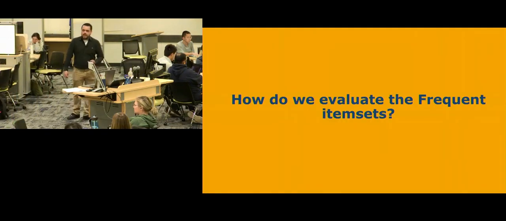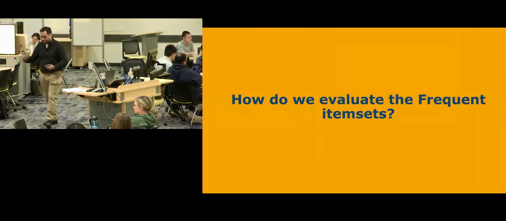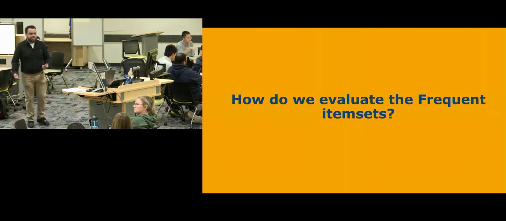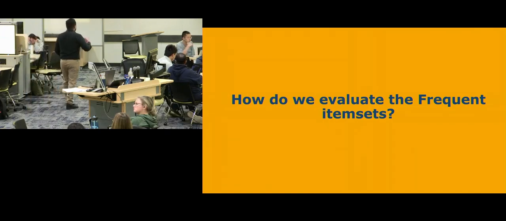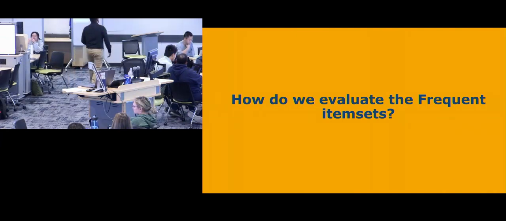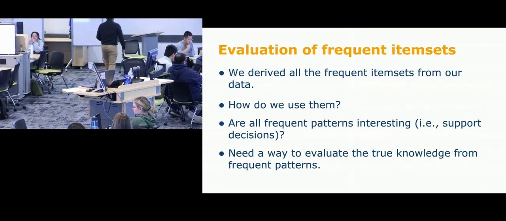Okay, so the Apriori algorithm is about computing the frequent item sets. So now what next? Once we've computed the item sets, how do we evaluate them? Right, there was this question of how we compute the minimum support.